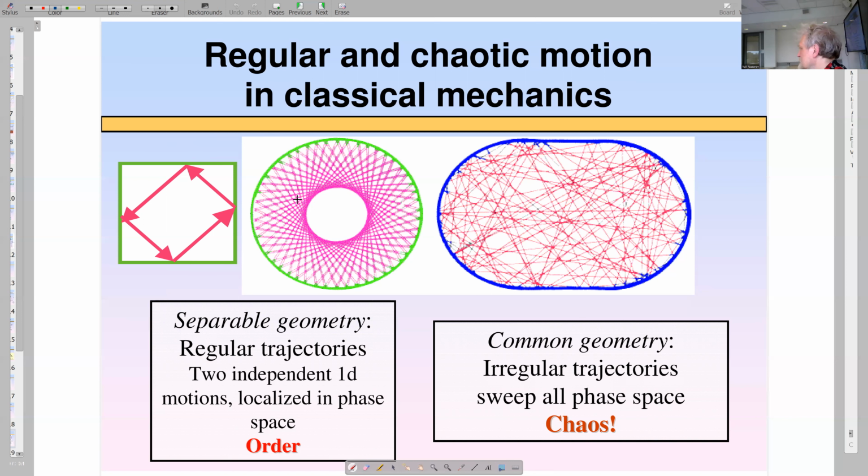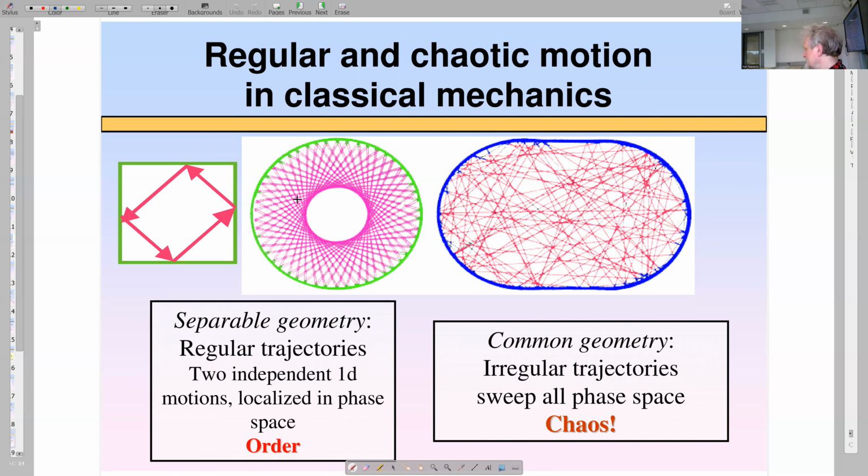Once you shoot such an electron, it would forever circulate in a cavity of a certain shape.